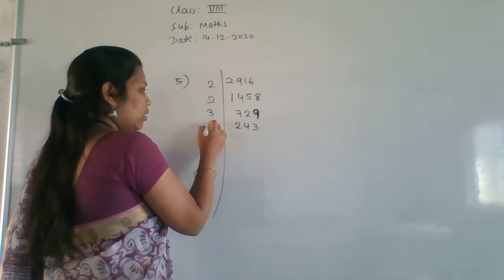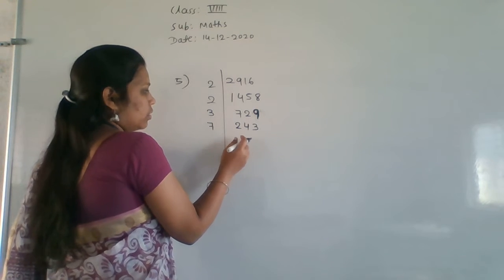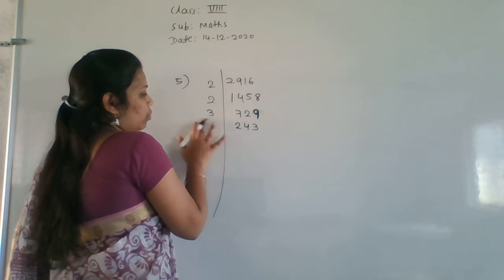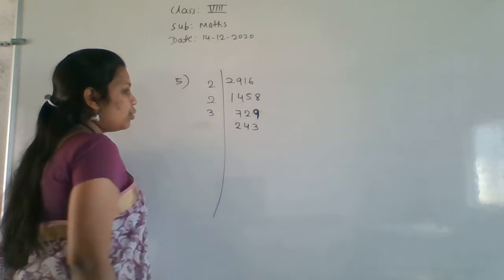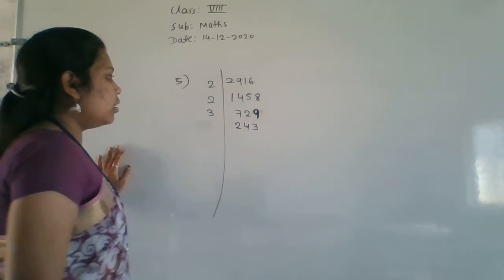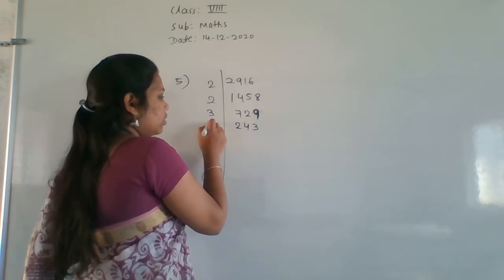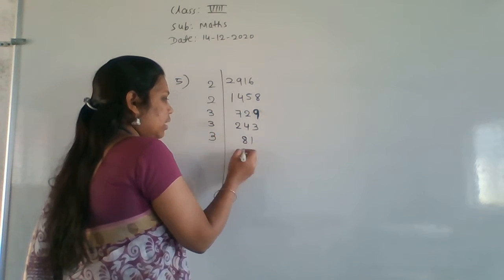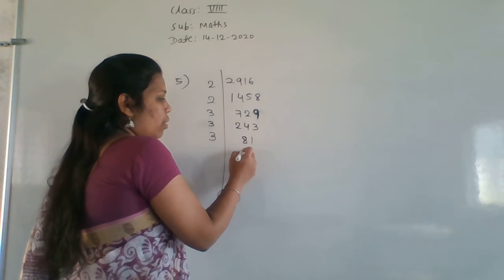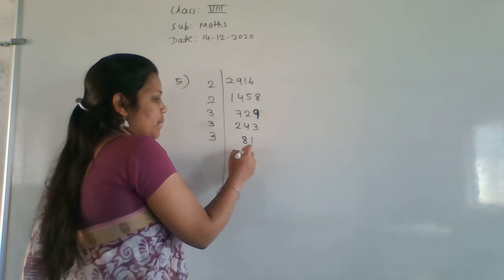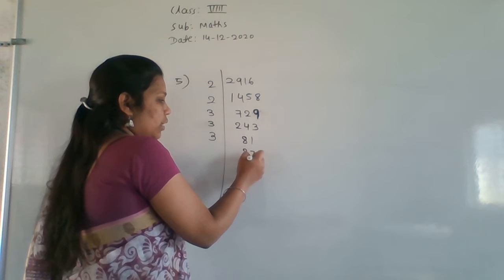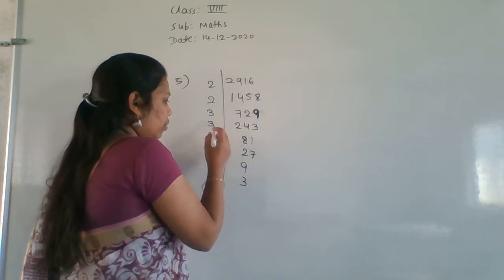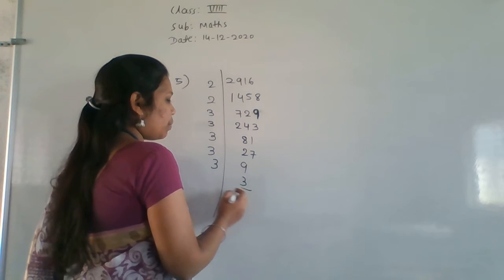Next go for 7. 7 3s are 21. No. 243. 3s are, yes. 3 8s are 24 and 3 1s are 3. Next 3 2s are 6 and 3 7s are 21. Next 3 9s are 27. Next 3 3s are 9. Okay, we got all prime numbers.